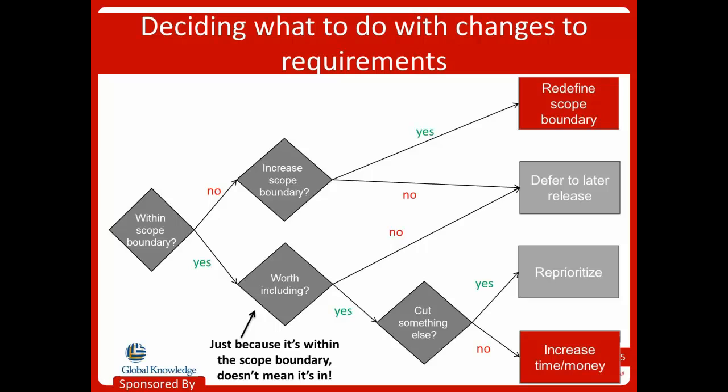All right, so in summary, even though you have a new proposed requirement that might fall within your scope boundary, it might push less important or valuable requirements out of scope. But newly proposed requirements might also fall out of scope. They could also be important enough to widen that scope, to broaden the scope of what we're trying to develop, right? So none of these paths are necessarily obvious.